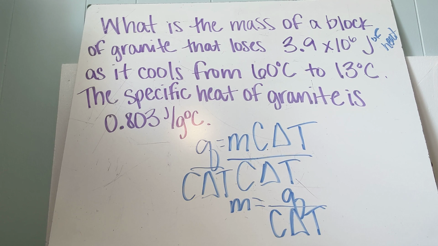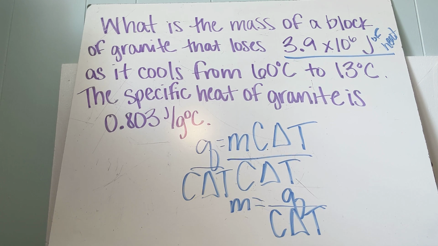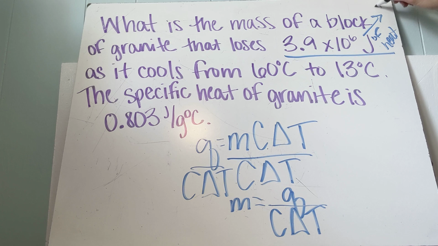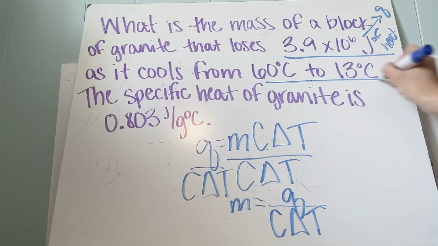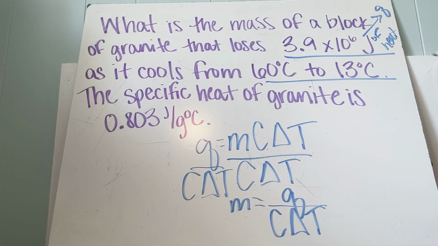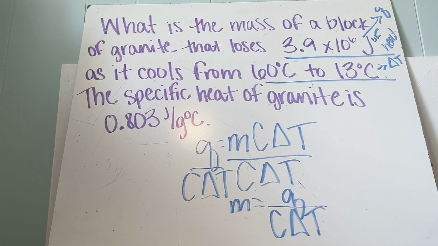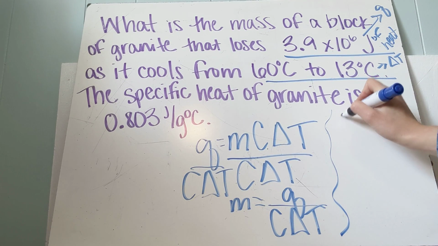Okay. Now I want to go through and underline everything that I have. All right. So I've got 3.9 times 10 to the 6 joules. That's my Q. As it cools from 60 degrees Celsius to 13 degrees Celsius, I can use that to calculate my delta T. Actually, I can do that right here.